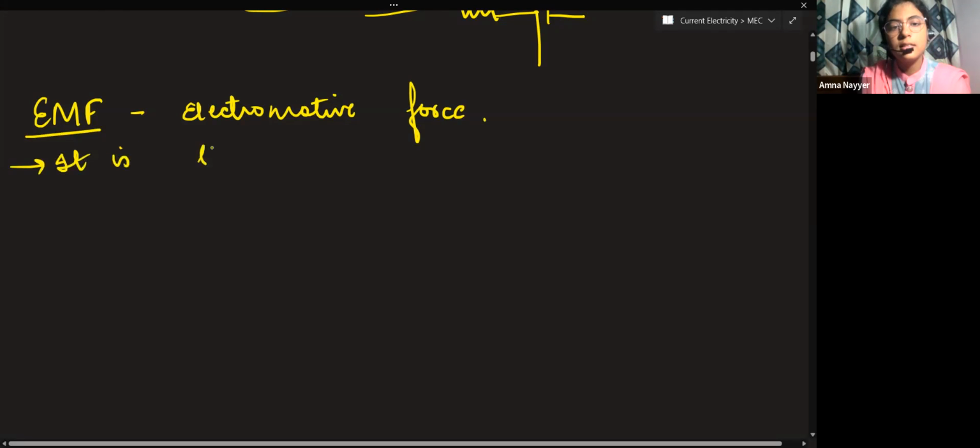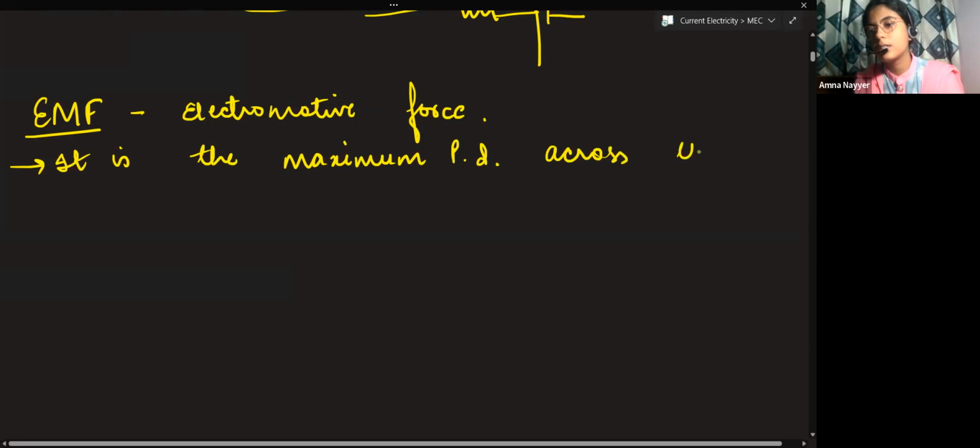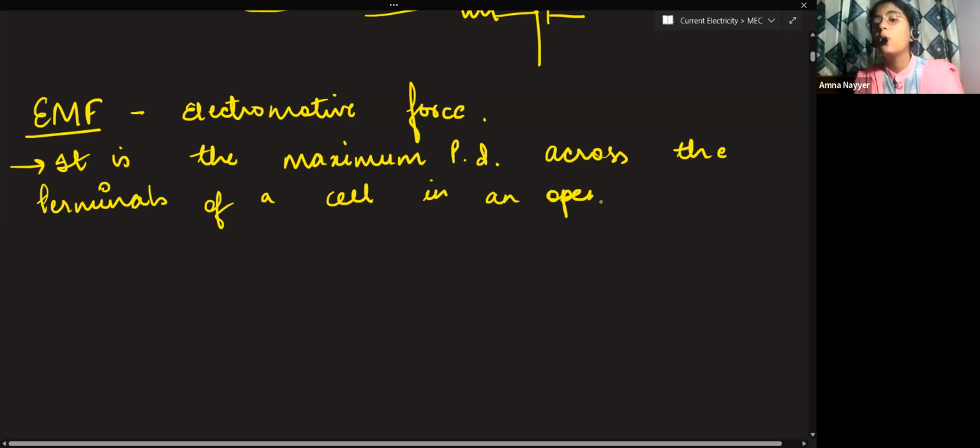It is the maximum potential difference across the terminals of a cell in an open circuit, means what? Off circuit. The circuit is not working right now. In an open or off circuit. So how can you calculate? It's the potential difference across the cell.